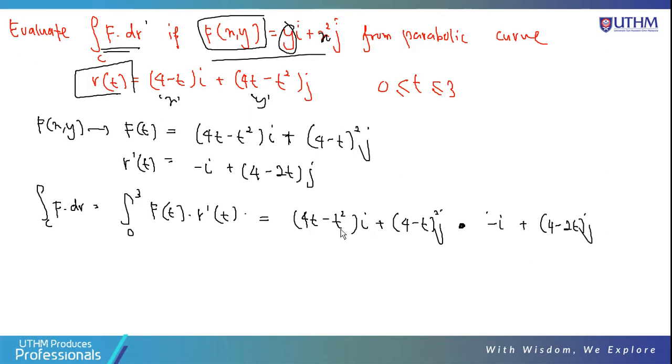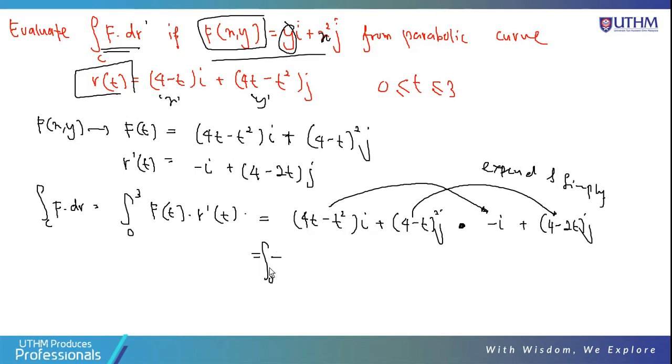Okay, the i multiplies with negative i, so you can get this, and the j multiplies with the j component here. So I have simplified, so you can get negative. You can solve this first, expand and simplify. Okay, and then you can get this answer.